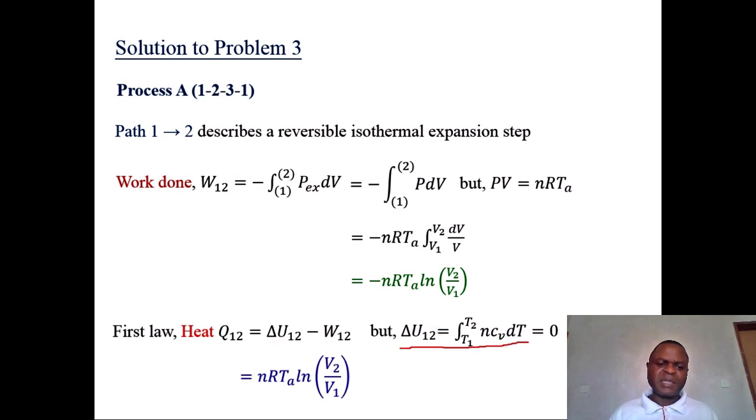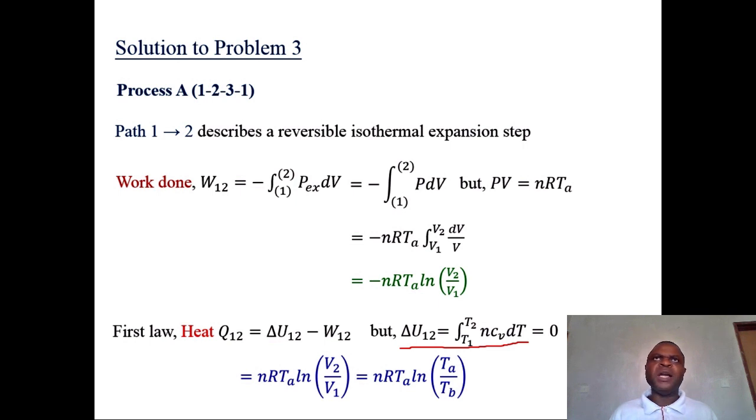So we get the expression for Q, which is nRT ln of V2 over V1. But you should realize that V2 over V1 is equal to TA over TB. V2 over V1 is equal to TA over TB.